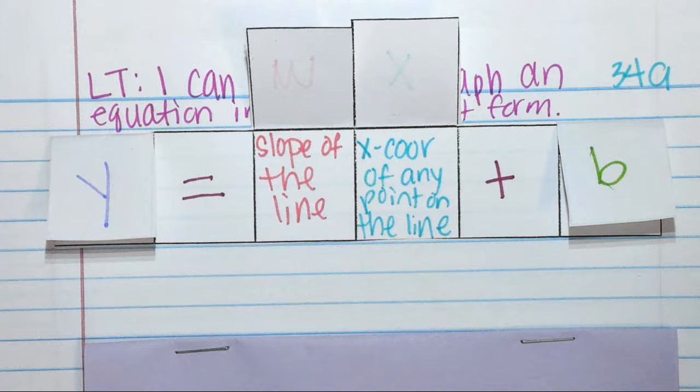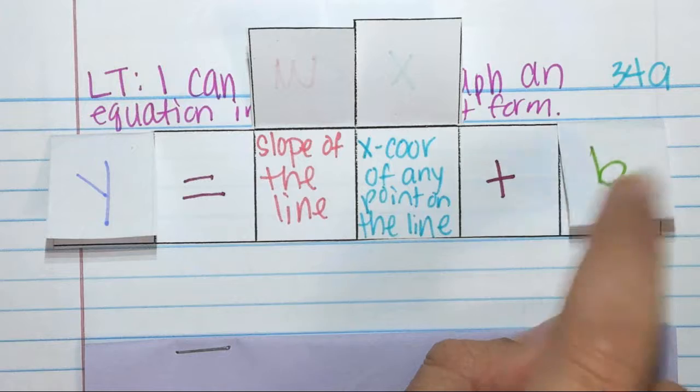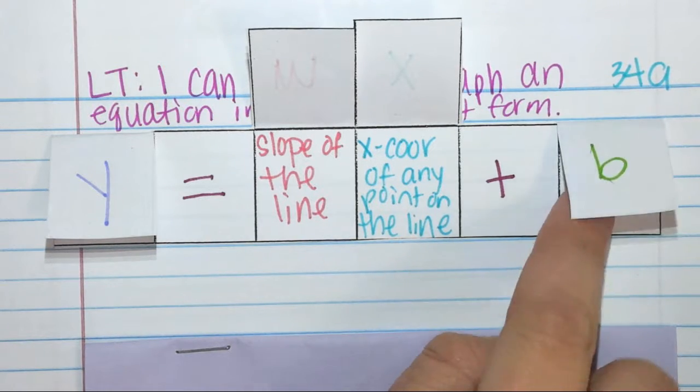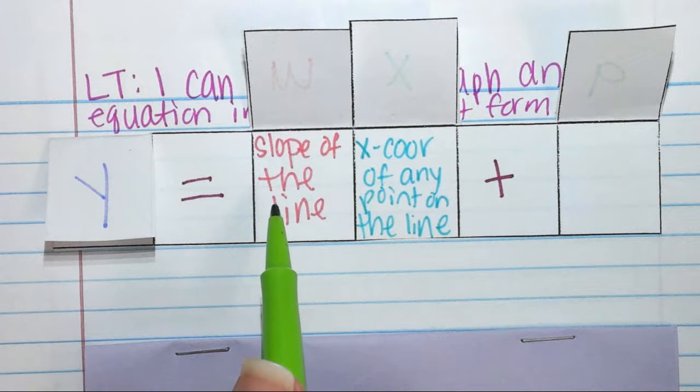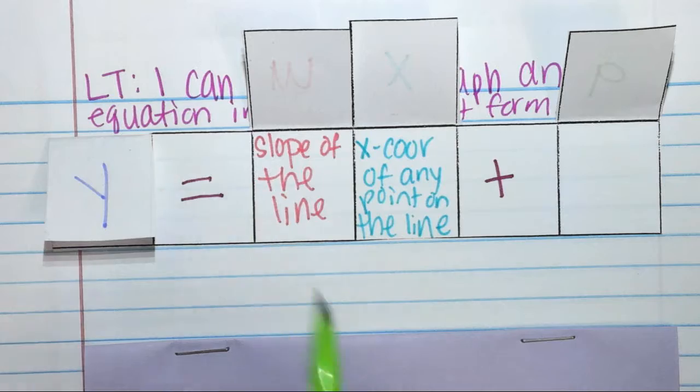We don't have an equal sign and explanation, because we know what that means. Alright, and what's b? What's the last one? M is the rate of change, the rise over run. Which intercept? The y-intercept.